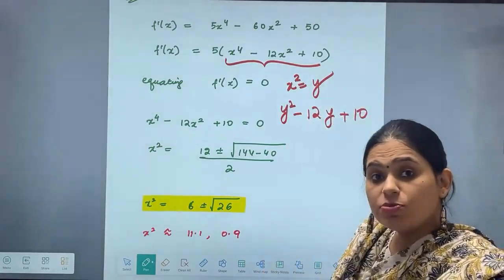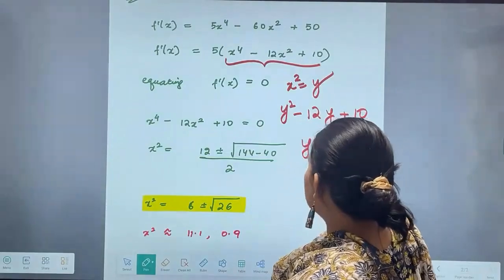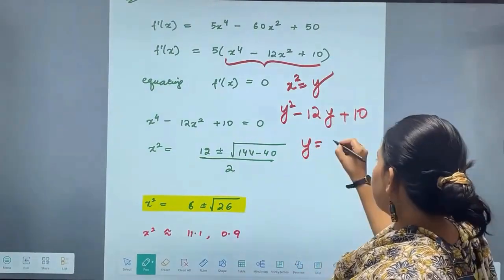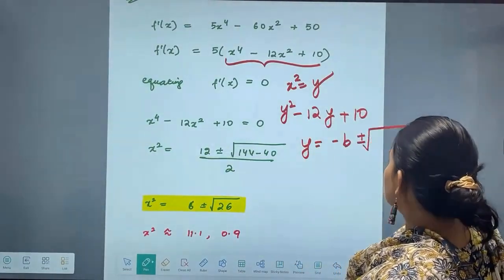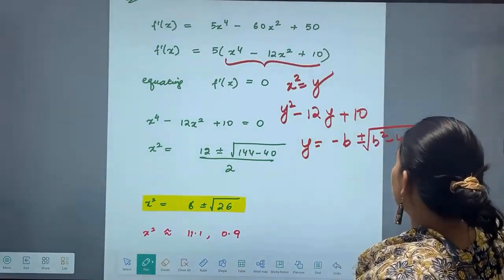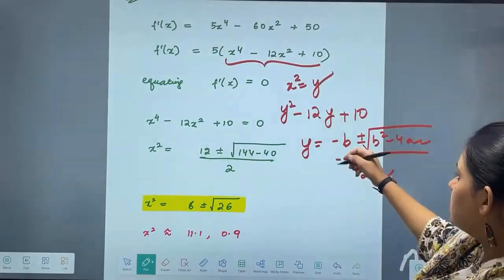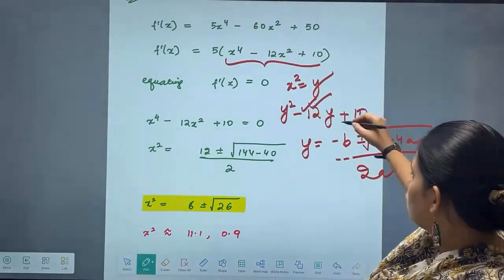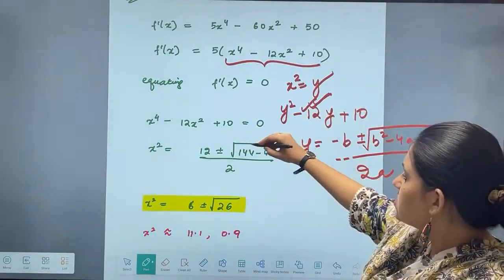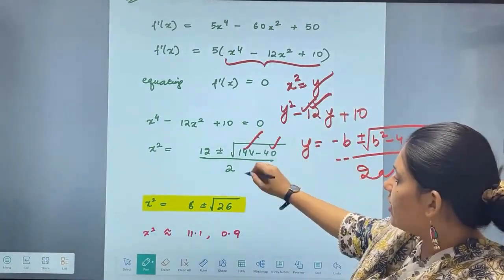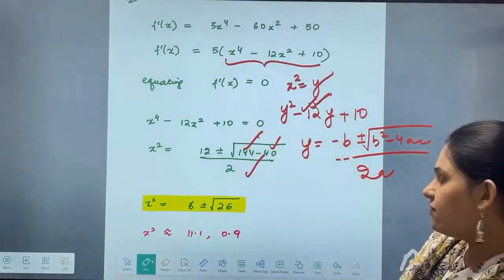So what is going to be your y? Very simple. This will be using the determinant method. So y will be minus b plus minus root b square minus 4ac by 2a. Just solve this. That will be your y.